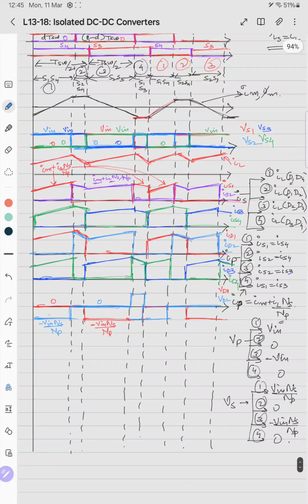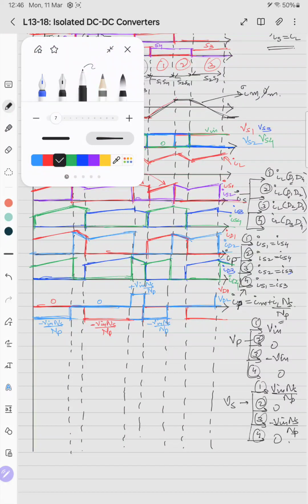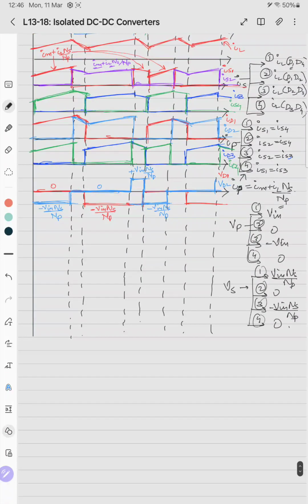For 2 and 3 it is 0. For case 1, this is plus V in NS by NP, this is minus V in NS by NP, like this is VD2. Similarly the last waveforms are for VD3 and VD4.